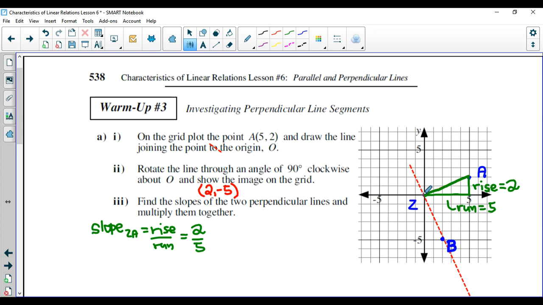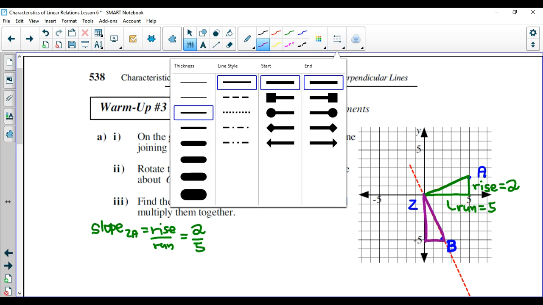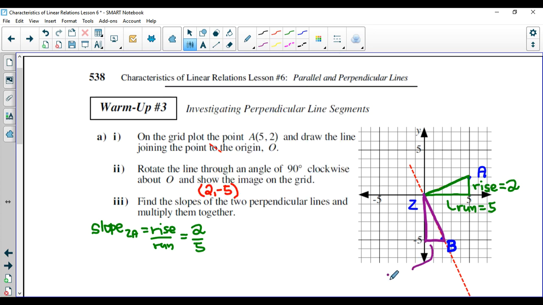Okay, now let's connect a line from Z to B and calculate the slope of that line. We'll do purple here. Okay, slope triangle, go down here, cross there. So the run would just be across by 2. And the rise would be, well, from Z to B, you're actually going down.